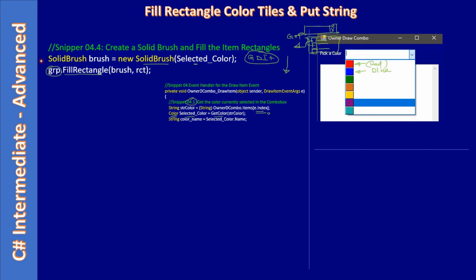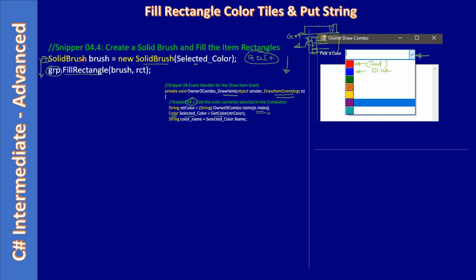As already told, this will get called 7 times because there are 7 items here, whenever the user clicks this drop down, right? That means each time we will get a different color by making use of OwnerDrawDCCombo.Items[e.Index]. e.Index is the event argument for our DrawItem handler, and based on this we will paint the tiles.